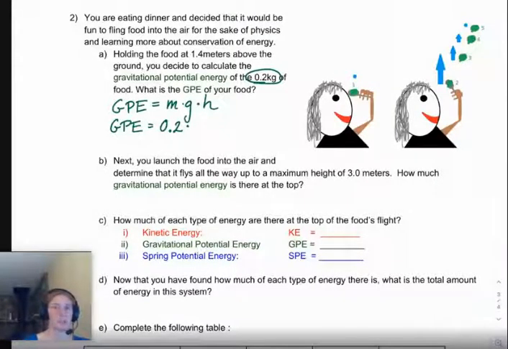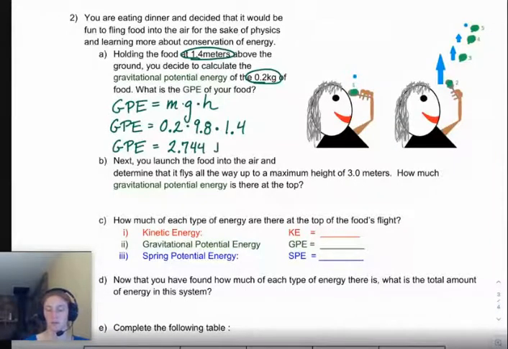G is 9.8 newtons per kilogram on Earth all the time. So even though it doesn't have 9.8 somewhere in this problem, I know that it is 9.8. And the last thing is that I'm holding the food 1.4 meters above the ground. So 1.4 meters. Then all I need to do is plug it into a calculator. And when I do, I get a gravitational potential energy of 2.744 joules.